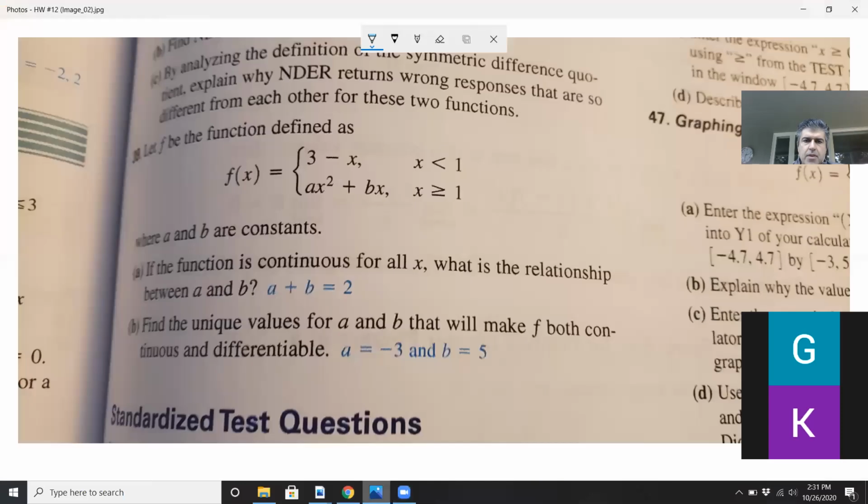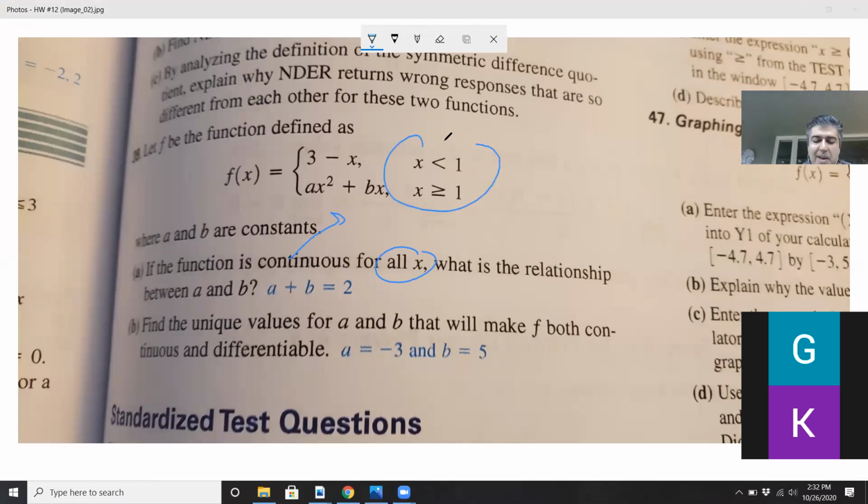Okay, let's go over this problem. This is a piecewise function, of course, and you're asked how A and B have to be related for this to be continuous. Well, to be continuous, you need 3 things to happen. And for all x, where is this going to have a problem? There, right?